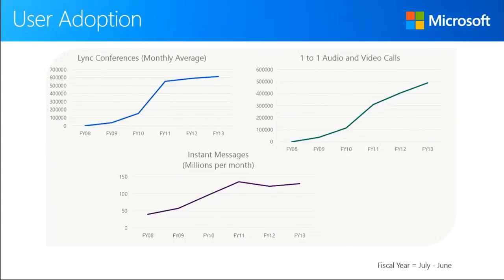So I did have a quick question here, just as we're looking at users, we're looking at one-on-one: how many devices do you think the average user will have Lync installed on in your environment in the next 2 years?